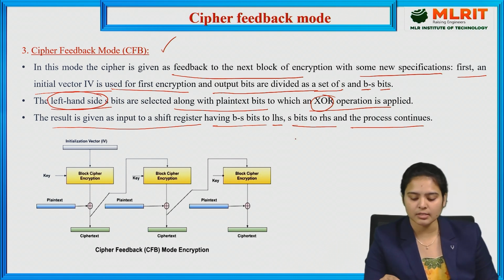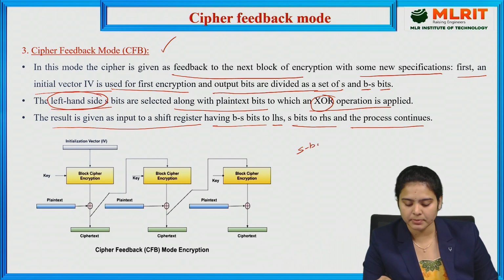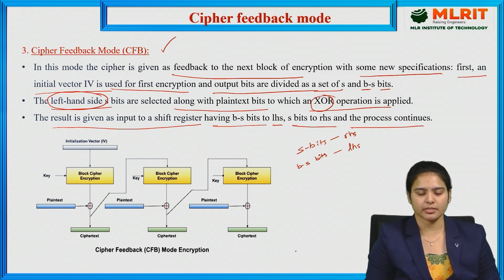So the difference is S bits and BS bits. For S bits we do an RHS process, and for BS bits we use the LHS bits. These are the two important points we need to remember, S bits and BS bits.